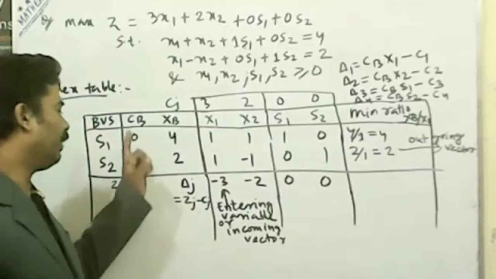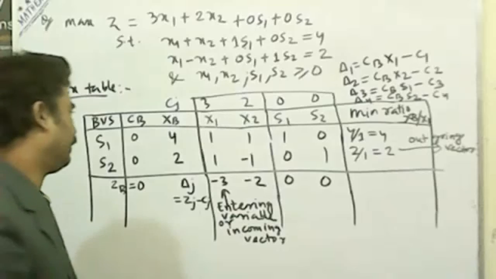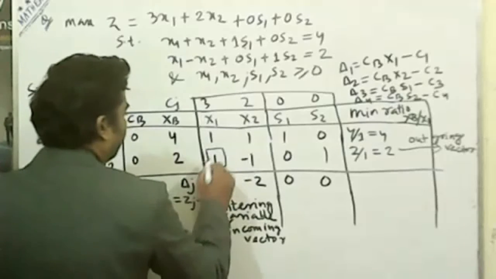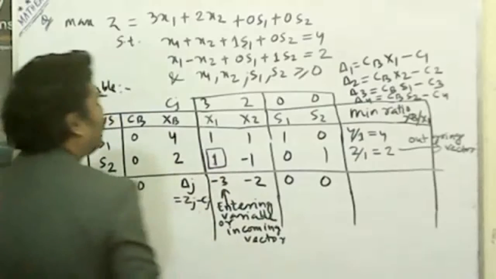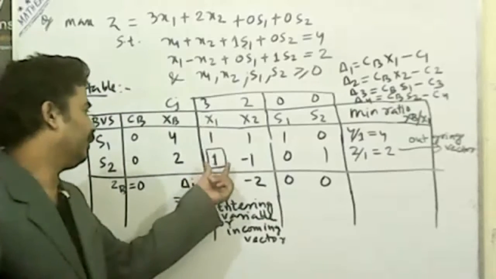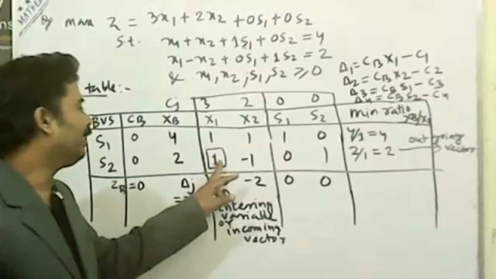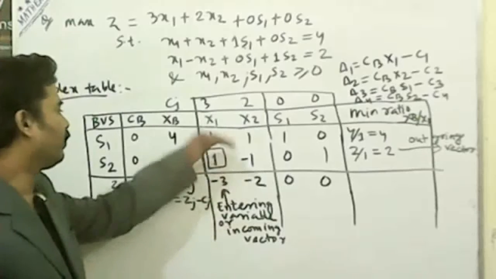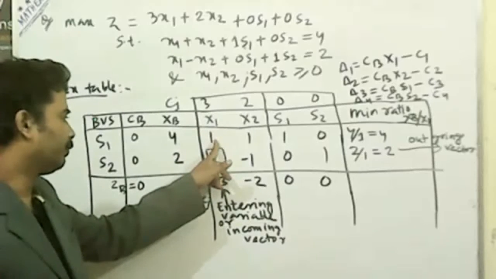This is the incoming vector and this is the outgoing vector. Now this position is the pivotal element, or key element. First we have to make it 1, then the other entries 0.